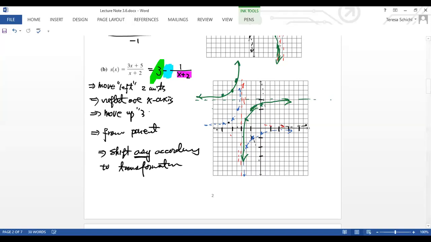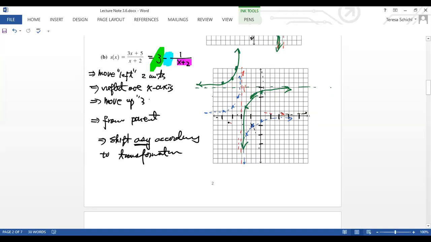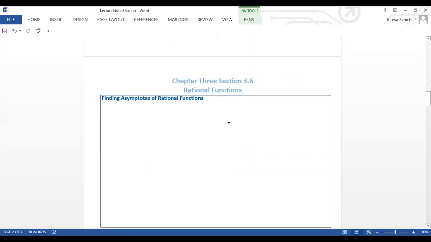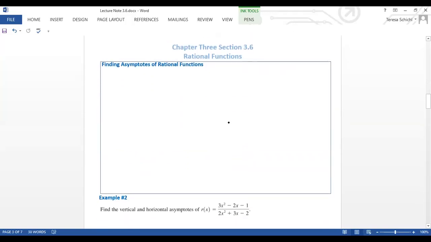Okay, so now we see how important the asymptotes are here, right? And from the parent function, you need to be careful. But how about if you give me any rational function? How do I find the asymptotes, right? In fact, it's pretty easy here. Okay, the first one here, the vertical asymptote, is easy to find.